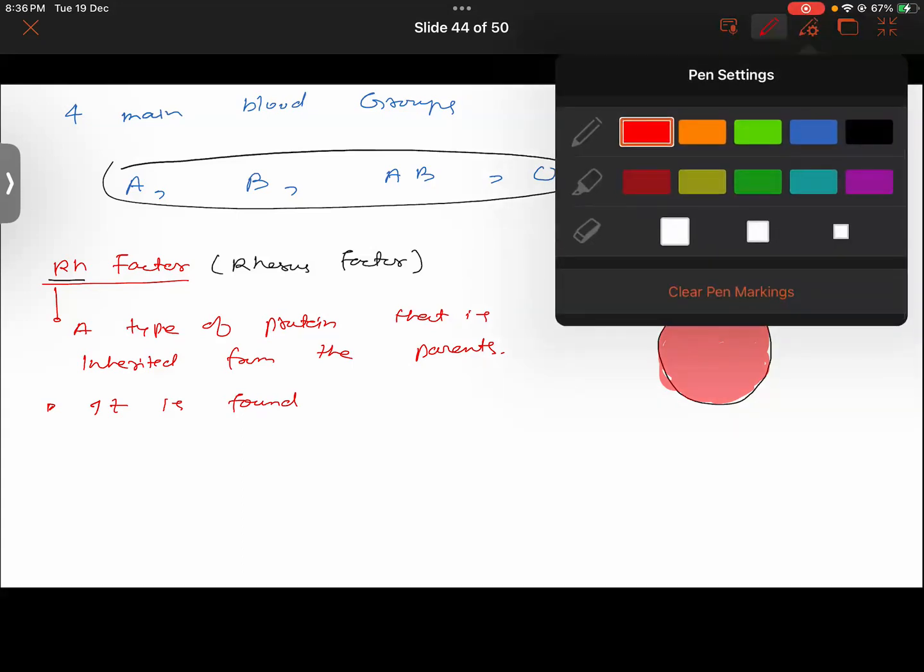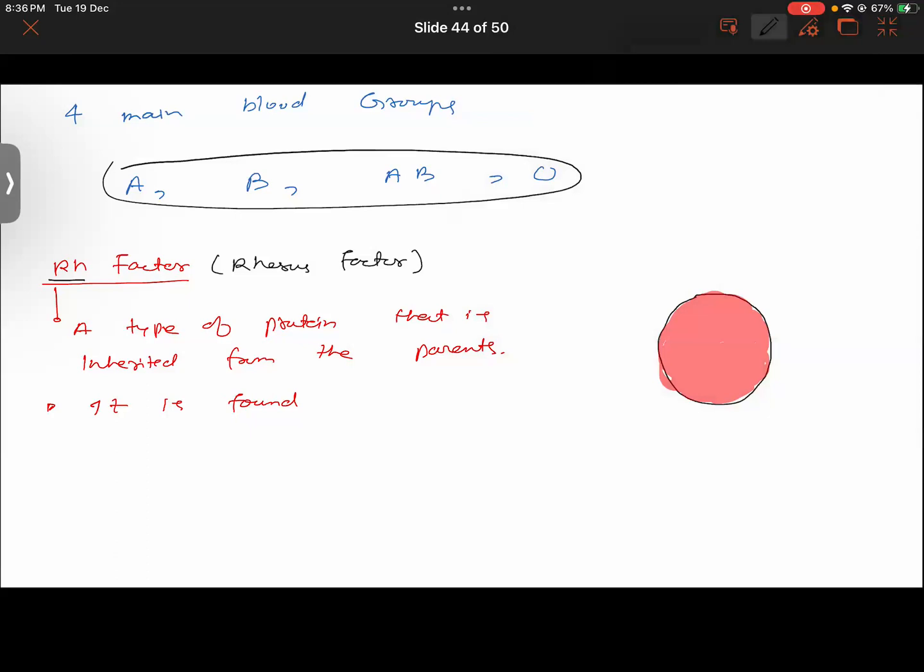Right now we are talking about Rh factor. We haven't talked about blood group yet. Obviously it's not that the blood group of the offspring matches that of the parents. That is obviously not the case. Right now we are just talking about the inheritance of Rh factor, which is a protein.